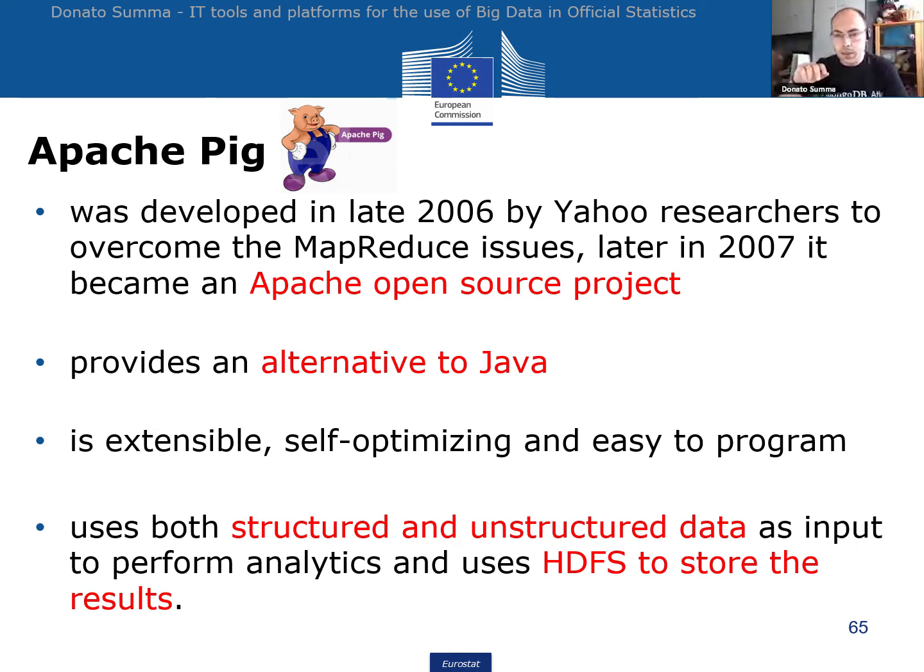So basically, Apache Pig provides an alternative to Java and to the MapReduce pattern of programming. Apache Pig is extensible, self-optimizing, this is very important, and easy to program. It uses both structured and unstructured data as input to perform analytics, and uses HDFS to store the results.